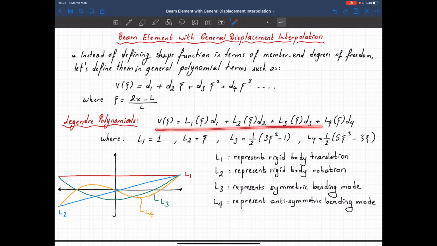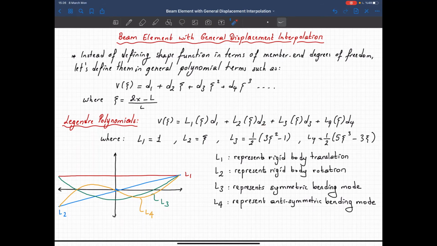So here I use the Legendre polynomials. I have some displacement terms, d1, d2, d3, and d4, but they have a different meaning. For example, we can say that d1 tells us how much rigid body translation we have in this element. Likewise, d2 can tell us how much rigid body rotation we have in this element.